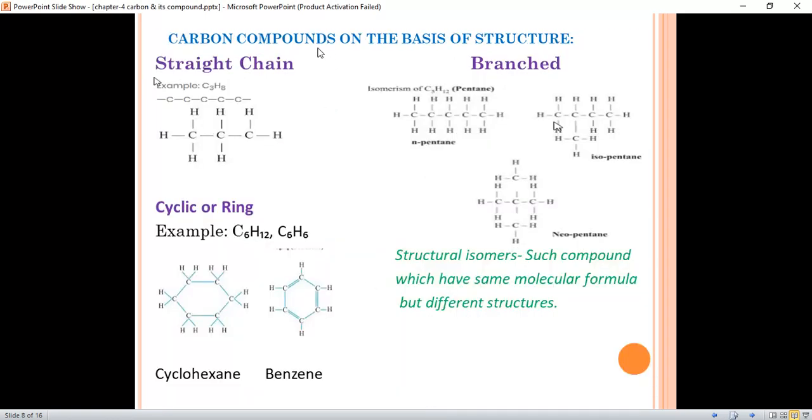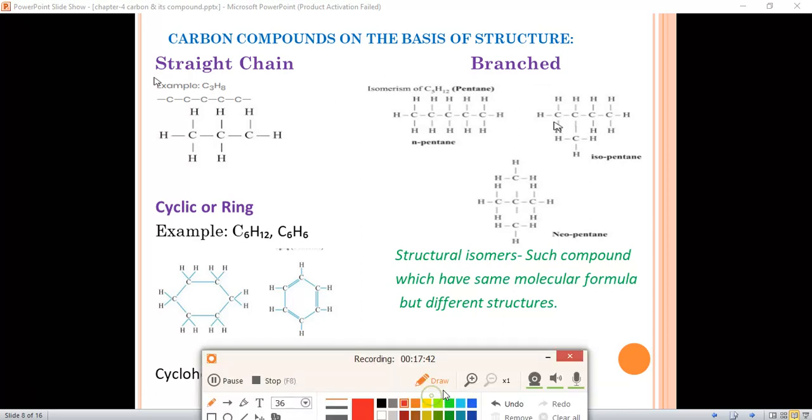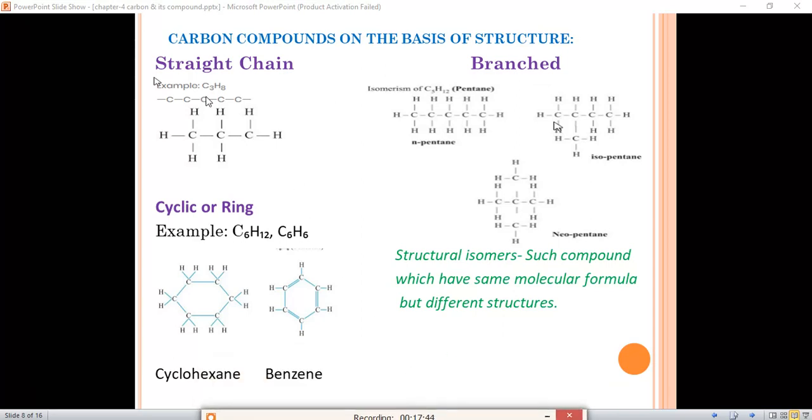Next we'll discuss carbon compounds on the basis of structure. We have read that carbon, in the catenation property, can form a long chain, it can form a branched chain also, and it can form a cyclic structure also. Carbon can form bonds with other carbon atoms to form a long chain like this.